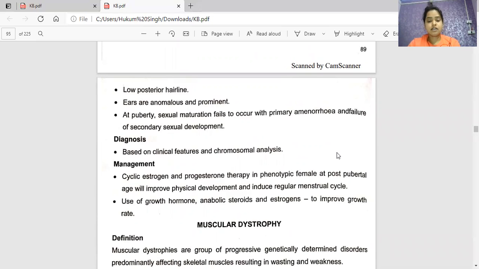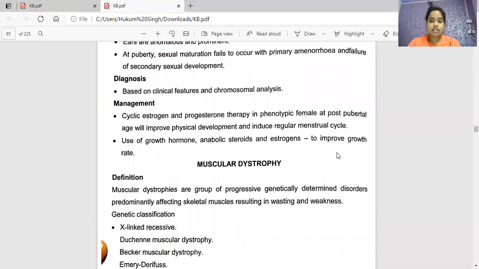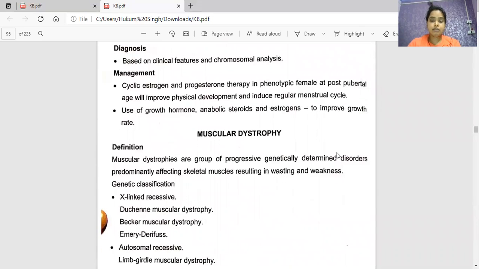And the next disorder is muscular dystrophy. The definition: muscular dystrophies are a group of progressive genetically determined disorders predominantly affecting skeletal muscles, resulting in wasting and weakness. So it is important that skeletal muscles show wasting and weakness.